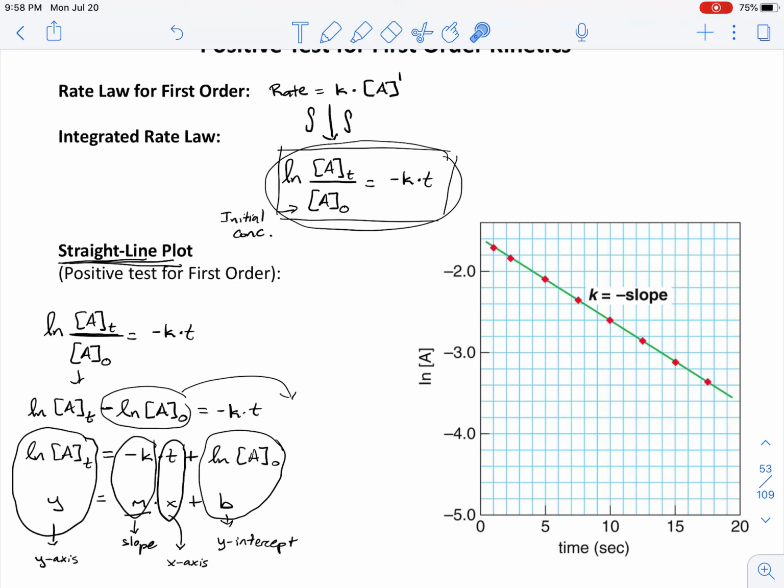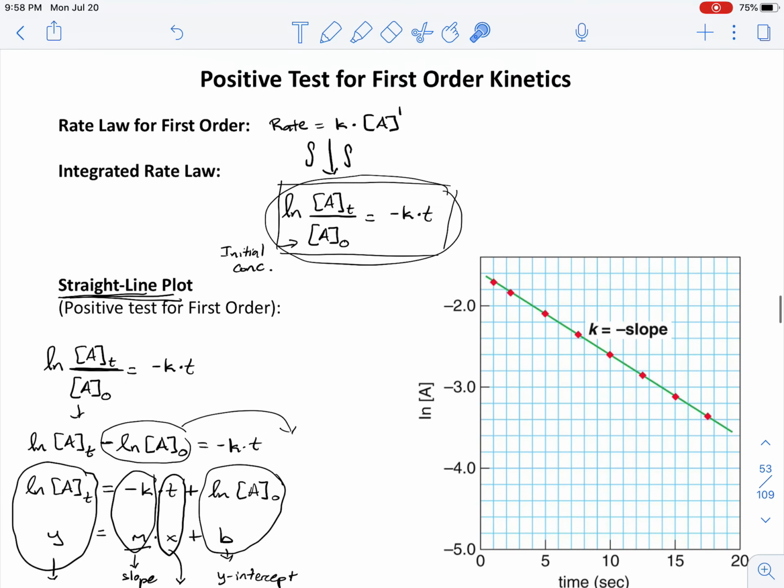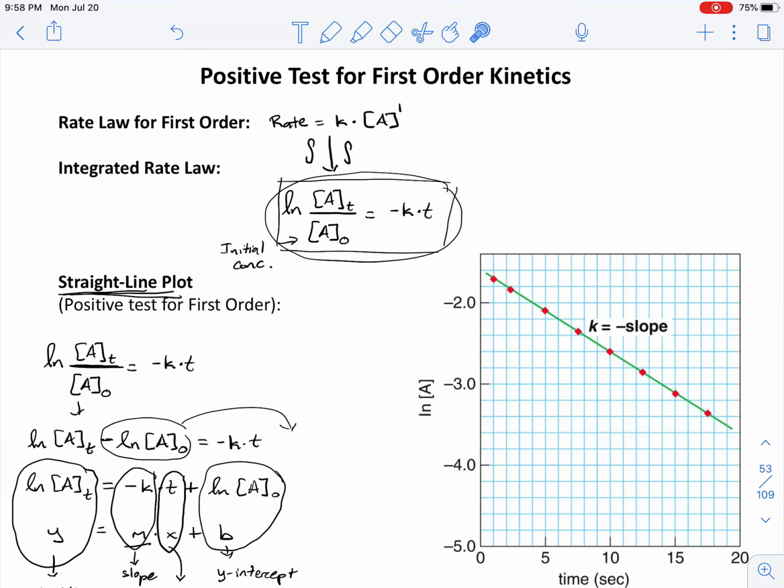If the graph produces a straight line going down, in other words, a negative slope, then that is a positive confirmation that the reaction is undergoing first order kinetics. If the line slightly tilts one way or another and is not a straight line going down, then the reaction is not undergoing first order kinetics.